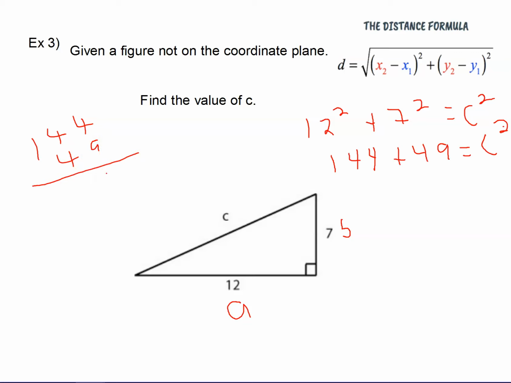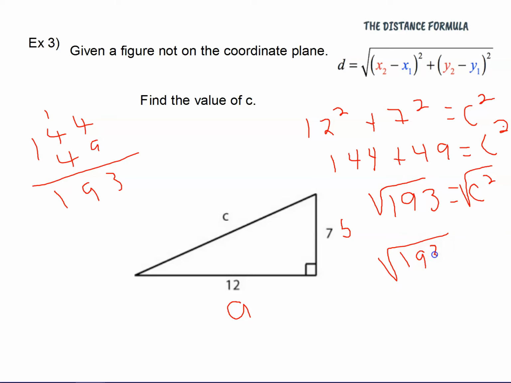So 4 plus 9, 13. And then 4 plus 4 is going to be 8, plus 1 is 9. Bring down the 1. So we have 193. And go ahead and take the square root of 193. Okay, and there you go.